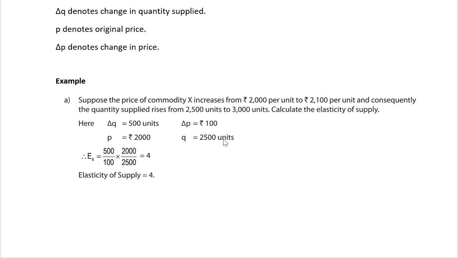Suppose the price of a commodity X increases from 2000 units to 2100 units. Oh, so this is not quantity, this is price. No issues. Price of a product is 2000. Now the price changed from 2000 to 2100.